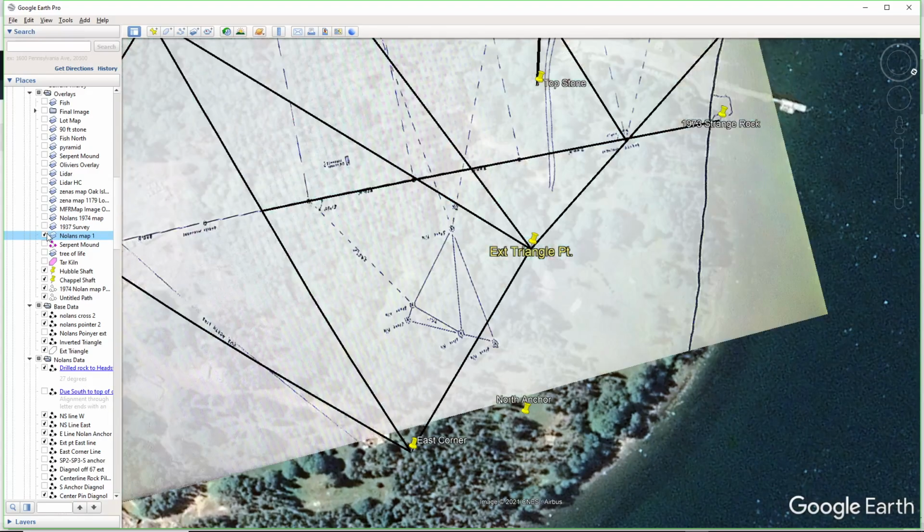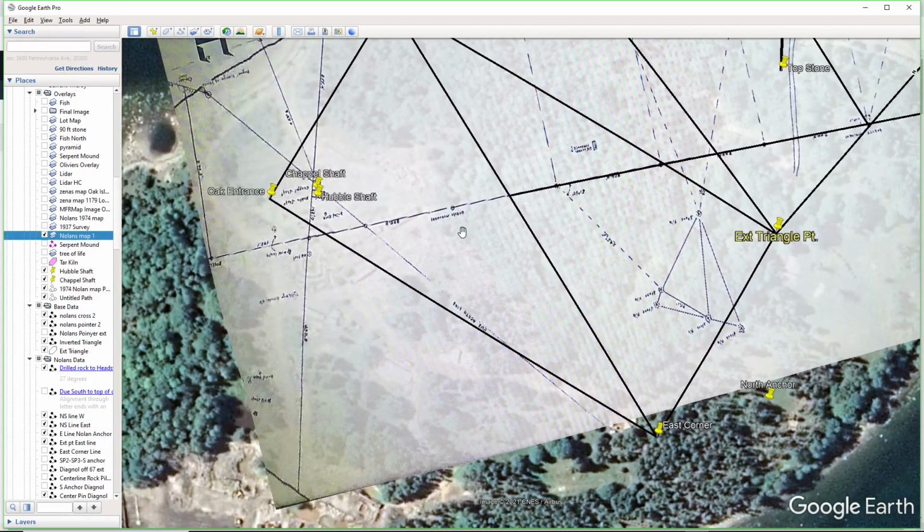In his later survey, there they are. He pretty much lays it out as they are in real space and locates them accurately. And as you can see, here's the strange rock, and here's that long survey line. He surveys it all the way to the end, all the way across his map.